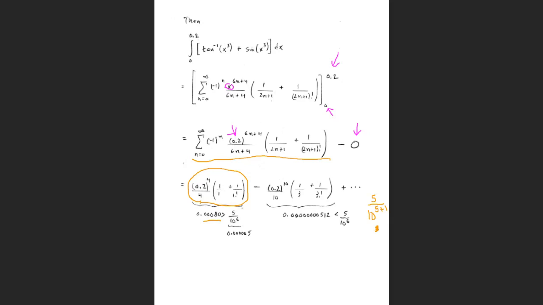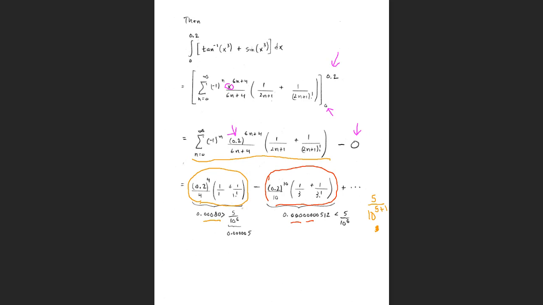But the next term here, we won't worry about the negative for the moment. The 0.2 to the 10th power over 10 times 1/3, plus 1 over 3 factorial, that's going to equal 0.000000, sorry, hold on. How many zeros do I have there? Let me check here. 1, 2, 3, 4, 5, 6, 7, 8.